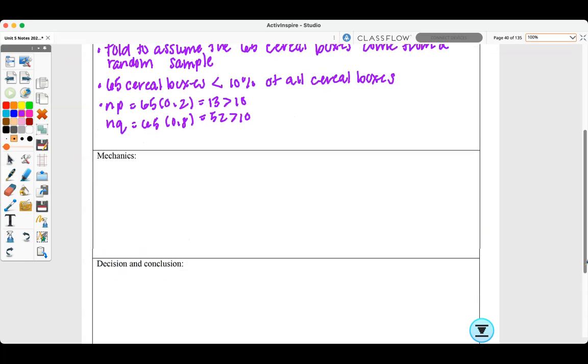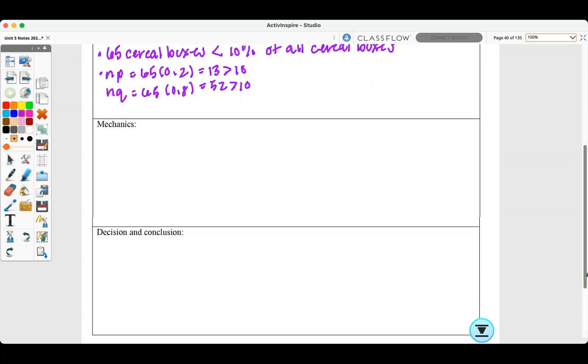Now we must go through the mechanics. So with this problem, we were not given a significance level, so we're going to use an alpha of 0.05. And we need to find our standardized statistic z, and the formula for that is p hat minus p, all over the square root of p times q divided by n.